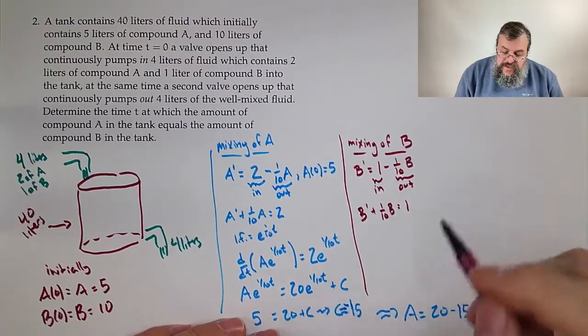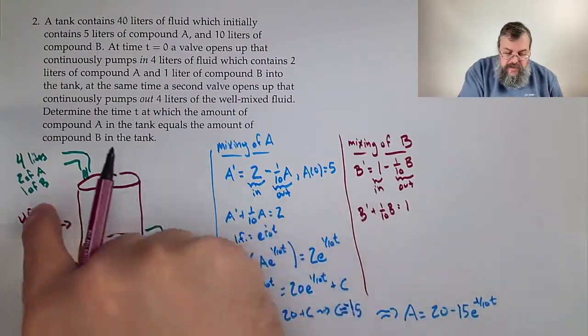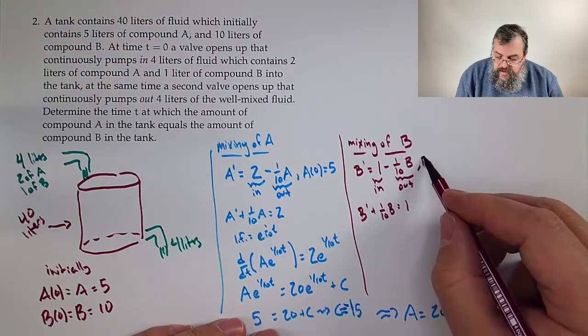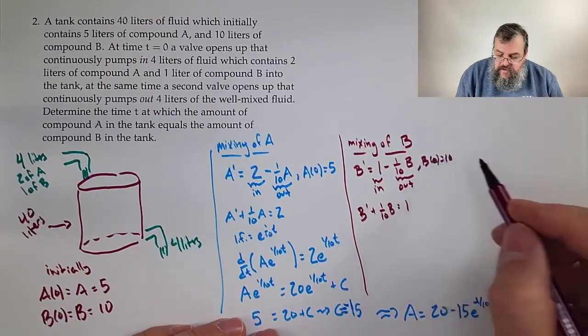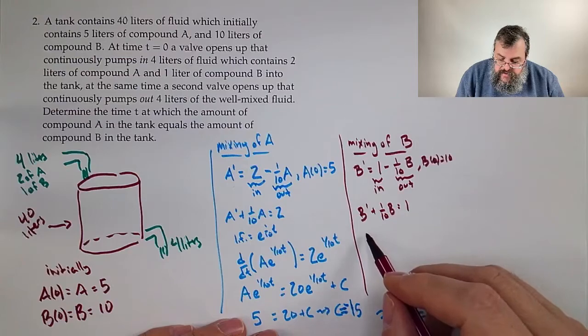The only two things that change are this 1 versus this 2, and that comes from what's coming in. The other thing is our initial conditions. So here, at time 0, we have 10. Previously we had 5. But other than that, the process is the same.